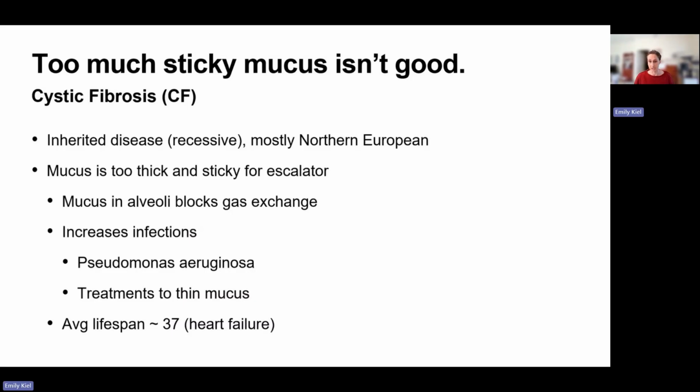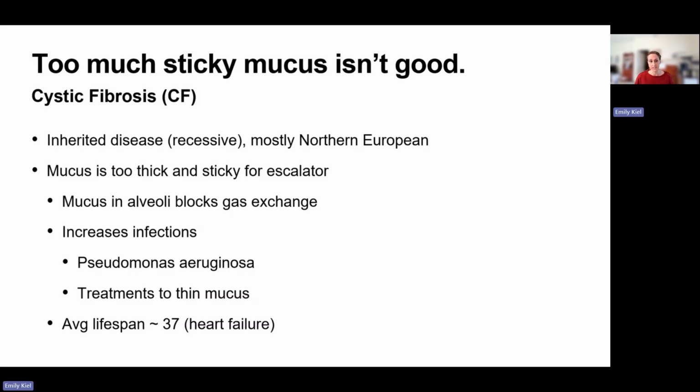This means that we can't get rid of pathogens. And if we do have pathogens, they're going to get stuck in the sensitive portions of the respiratory system down in those alveoli. So we've got increase in infections, specifically Pseudomonas. Those can be some really nasty opportunistic infections.